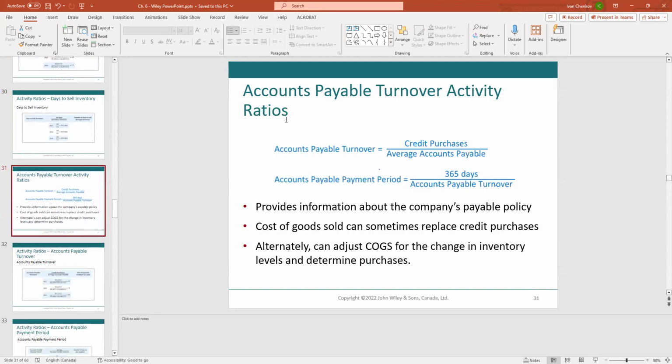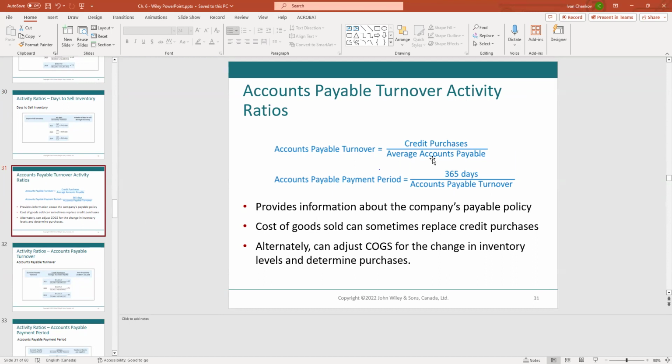Now let's see what the accounts payable turnover is. Well, pretty much the same idea as accounts receivable turnover, but on the payable side. So we're going to get the purchases that we make on credit, or the purchases that we don't pay.